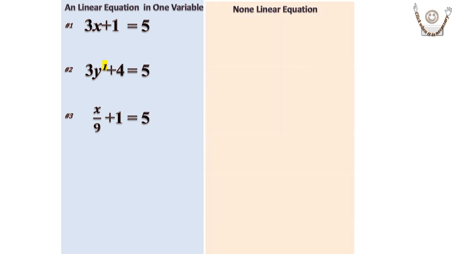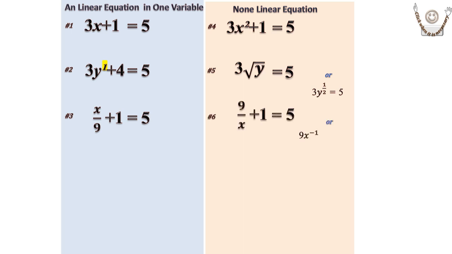On the right, you can see examples of non-linear equations. Example number 4, the exponent for the variable is 2, so it will be quadratic. Example number 5, you can see a square root of y, so it's not a linear equation. Example number 6, x is in the position of the denominator, so the exponent for x would not be 1, but we will talk about this in later courses.